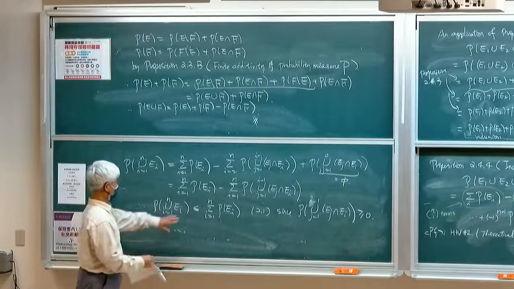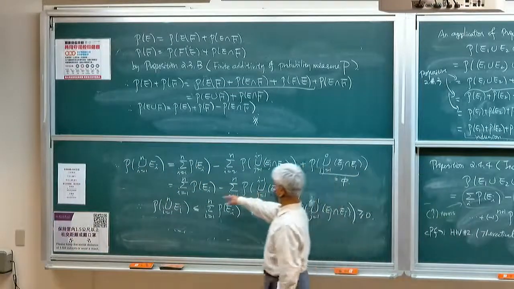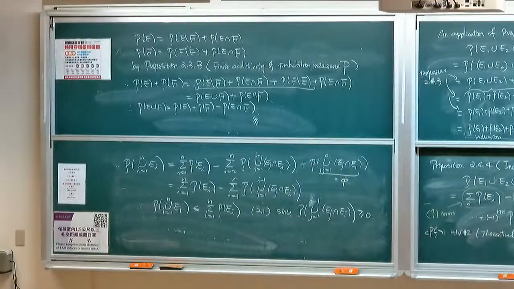Okay, so we prove the first inequality because of this identity. So this identity is quite useful.